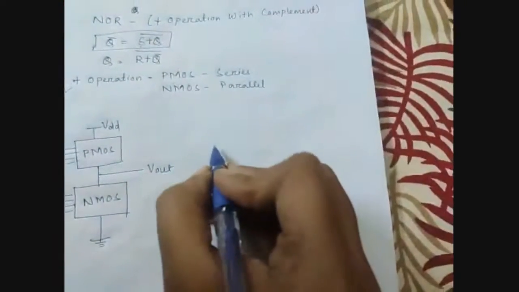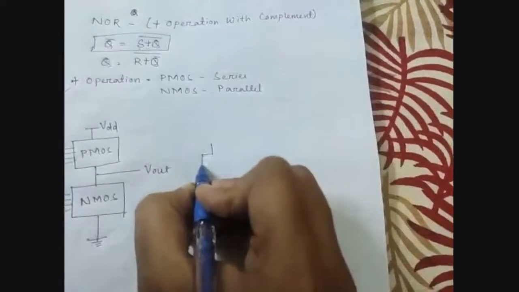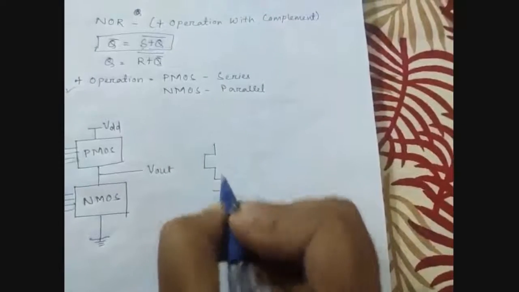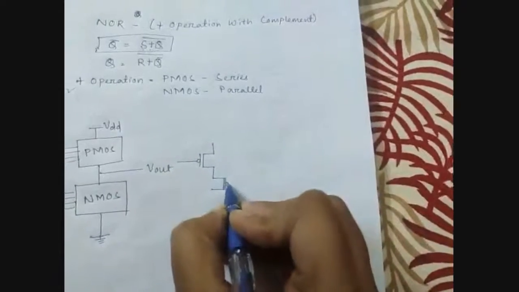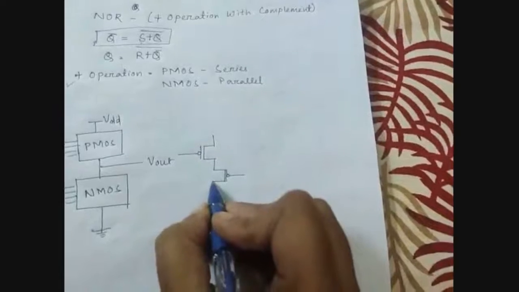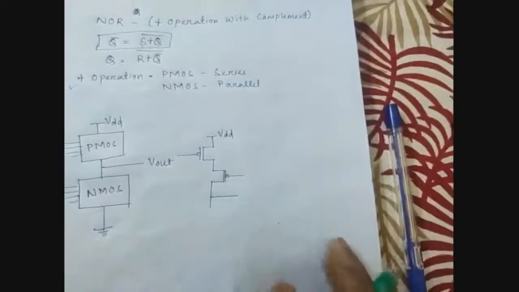So for PMOS, it is connected in series. Okay, 2 transistors. Then this one is the VDD. This one is the V out.